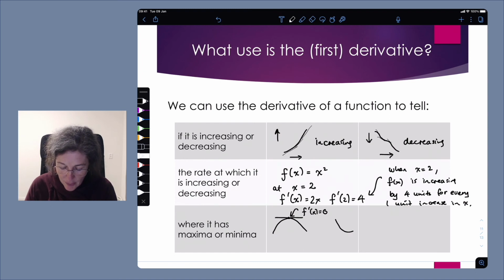Similarly, if I have a minimum, then my first derivative is equal to 0. Now it's not quite that simple, because I could also have a function that does this, or maybe does this, and at both these points as well, my first derivative is equal to 0.